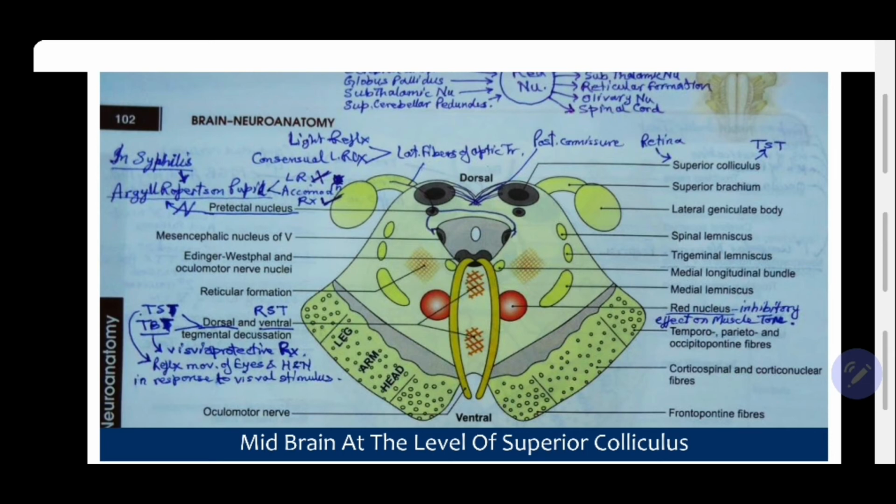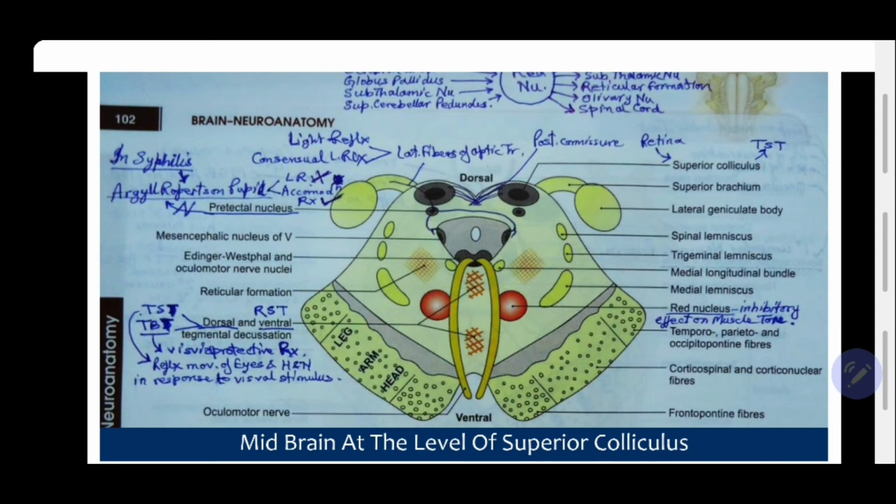So from LGB, let me tell you, before LGB, what happens is that this optic nerve, when it reaches LGB, actually divides into a lateral and a medial root. The medial root is a thin root, the lateral root is a bigger root which joins the LGB.